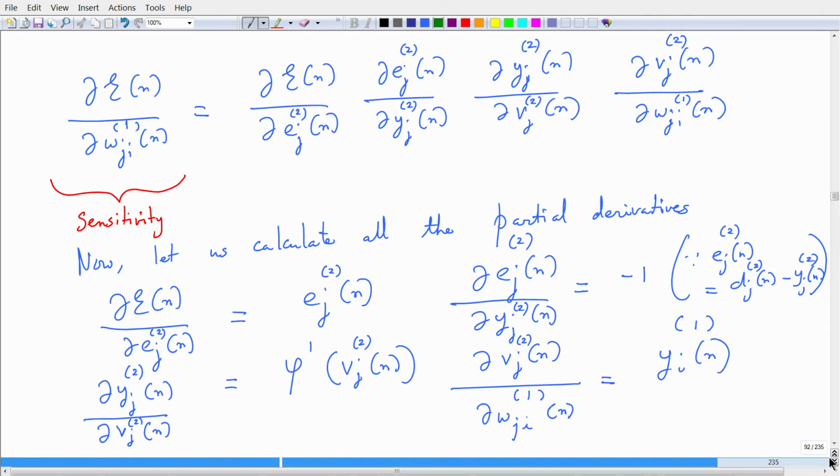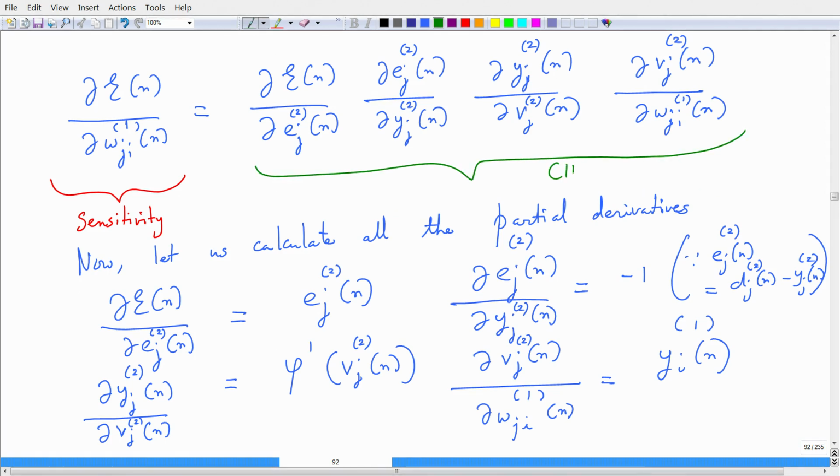Now, when we take the derivative of the error with respect to the synaptic weights, we will have to do the chain rule, and this is what we get when we do the chain rule, sort of pretty straightforward calculus.